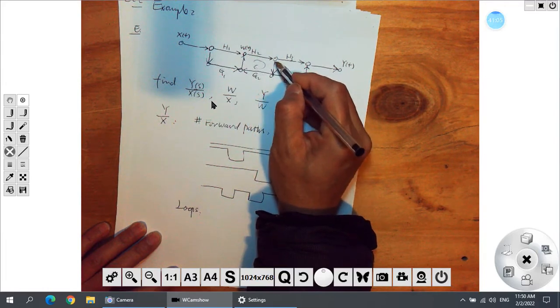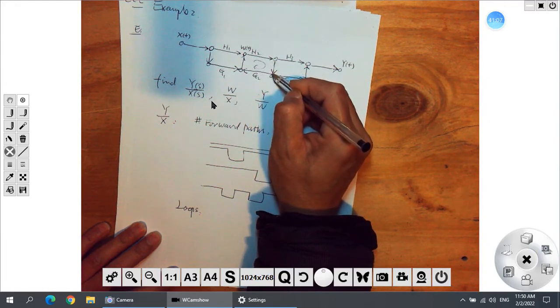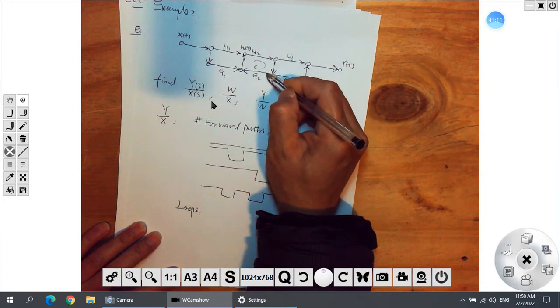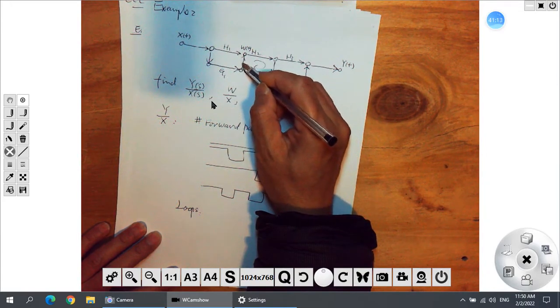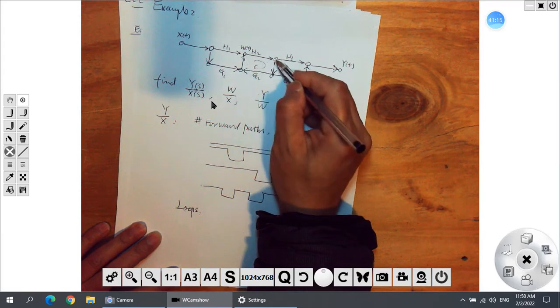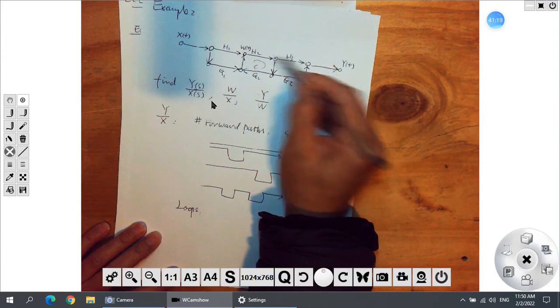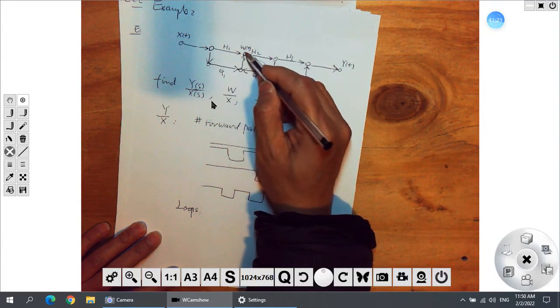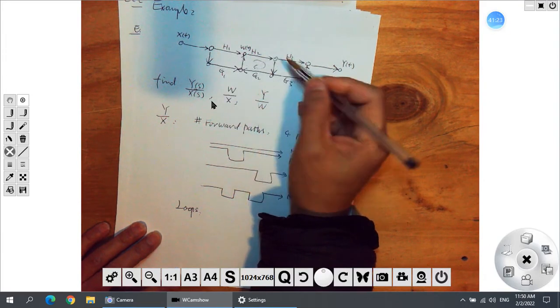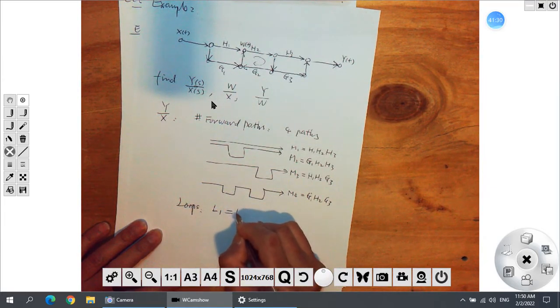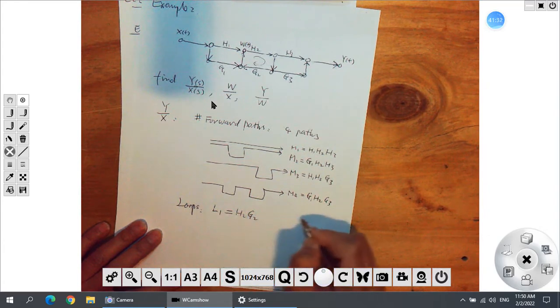If you're going down here, then this is the only choice: you have to turn left, then come up, then go backward. So this is the only loop. In this graph, there is just one loop, L1, which is H2, G2. We only have one loop.